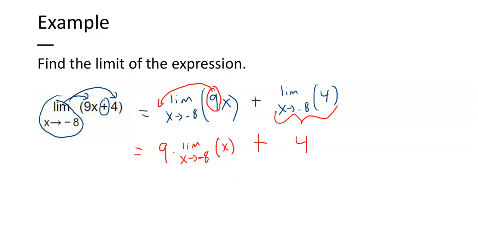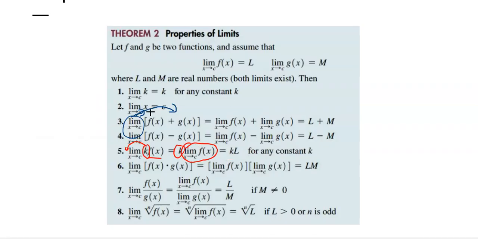And then there's one other property on this list that tells us how to evaluate this limit if it's just x, right? And that is this one here that I kind of covered up. So the limit as x approaches c of just the variable x, with no other math going on, is equal to c, which is the value that x is approaching.